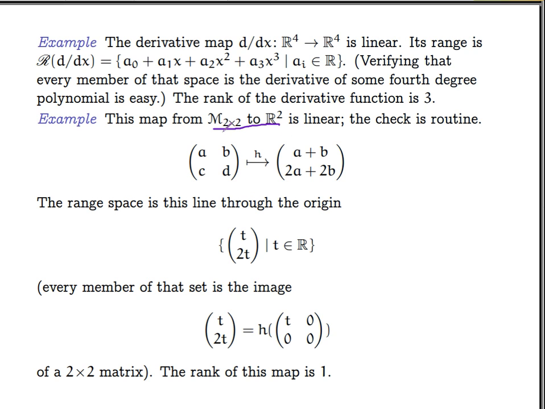So the range space of this mapping is this line through the origin, because it turns out that any matrix is going to map to an element on this line. So I'll let you check that.